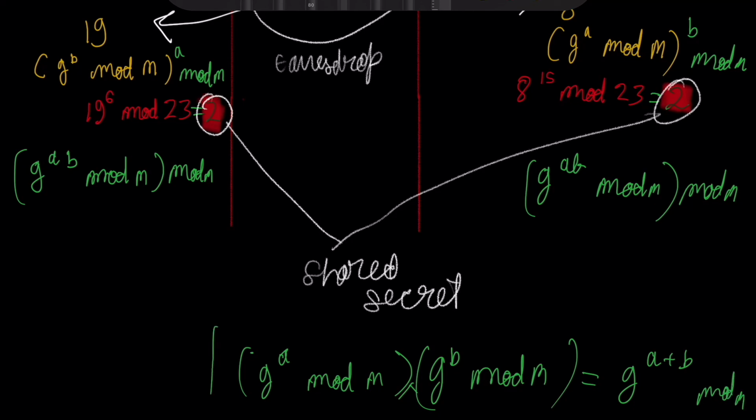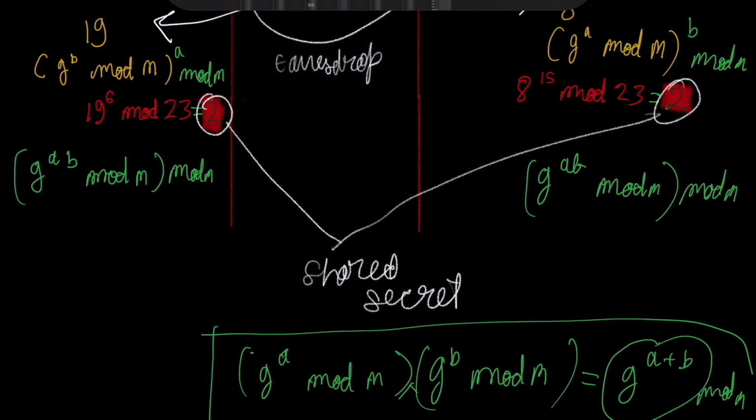So they will not be able to get g to the power ab, and that's the beauty of it, right? They will get g to the power a plus b, which is a completely different thing. Okay, so I hope you get my point.